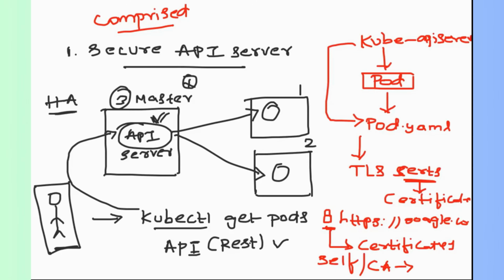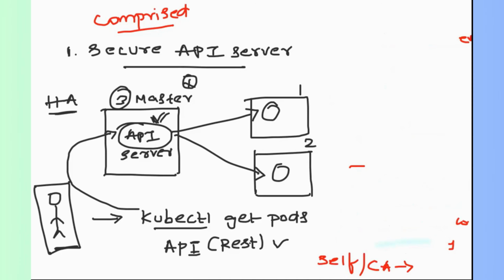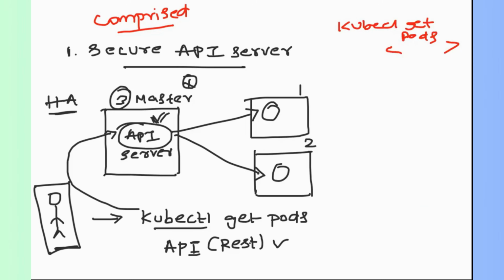Similarly, to secure your Kubernetes API server, you just go to the Kubernetes API server pod. How will you go there? You can simply use the command kubectl get pods followed by the name of your API server pod. If you don't know the pod name, you can run kubectl get pods -A and grep for kube-apiserver.